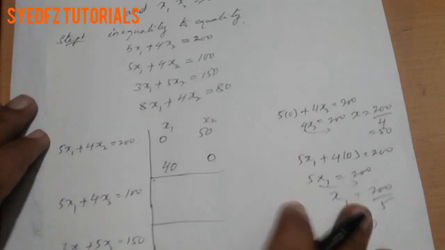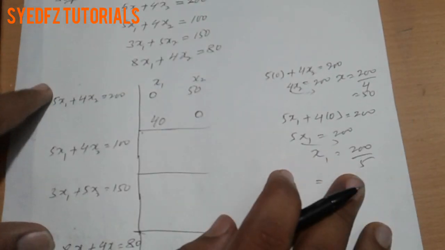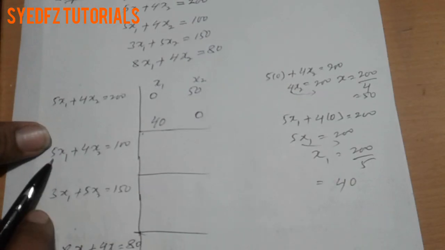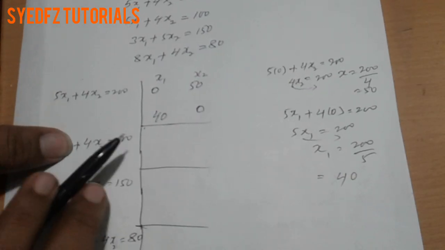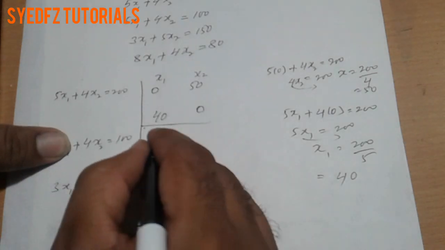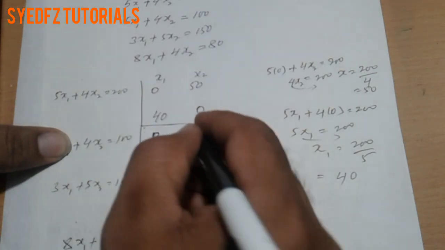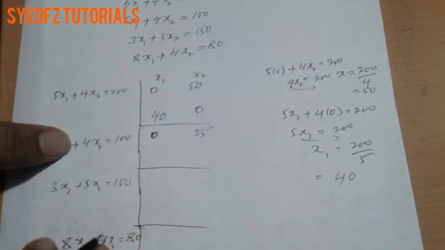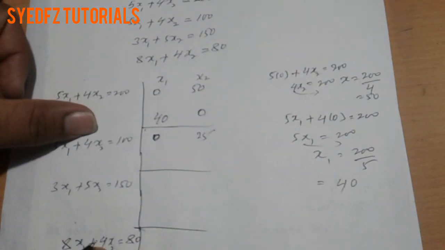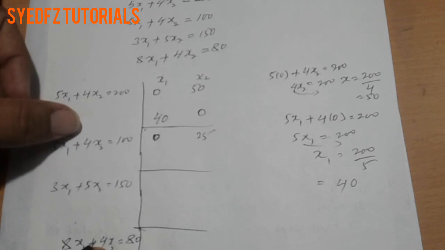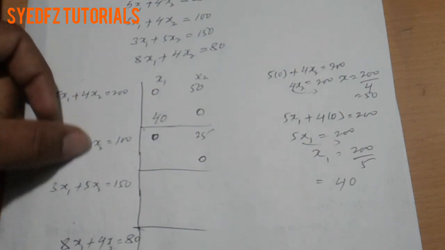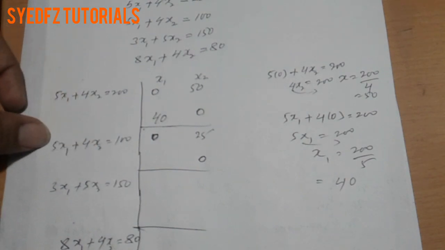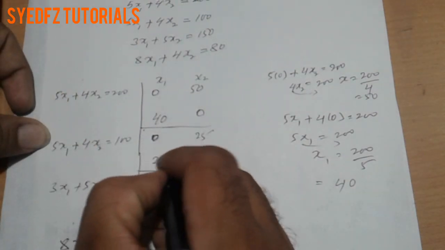Same way, without wasting time on calculation, you can do this. If we keep 0 in x1, only 4x2 will be left: 100 divided by 4 means 25. If you keep 0 in x2, x2 will be removed and only x1 is there: 100 divided by 5 means 20.